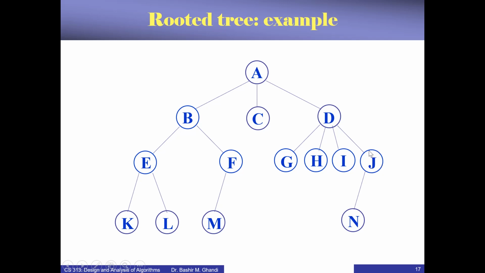So an internal node will have both a parent and at least one child. As we know, the nodes of a tree can be considered in terms of their levels. So this is level 1, level 2, level 3, level 4, and so on.